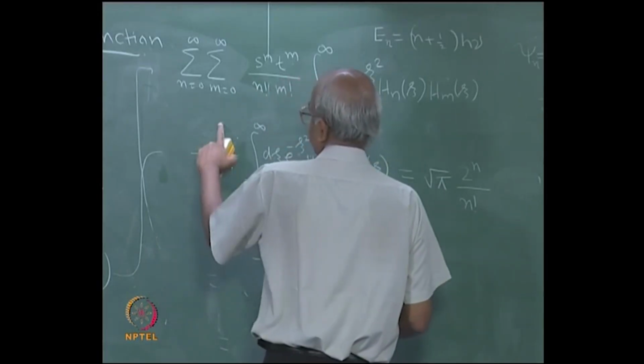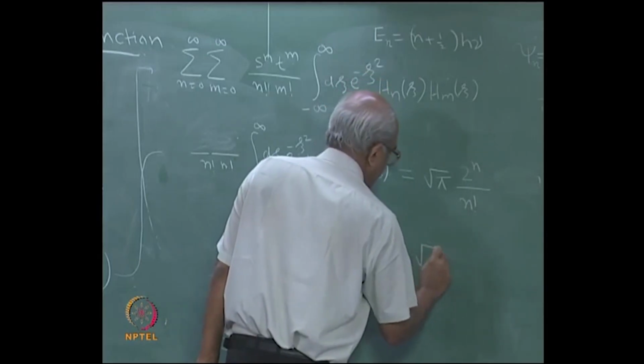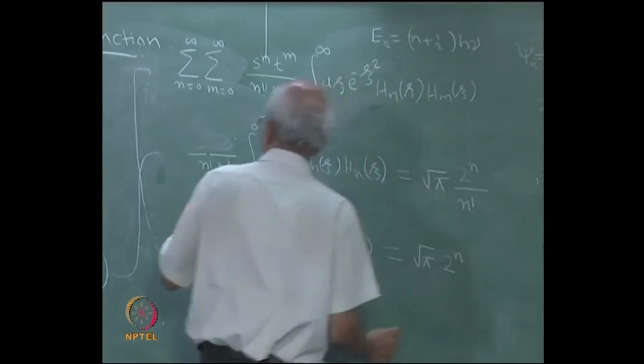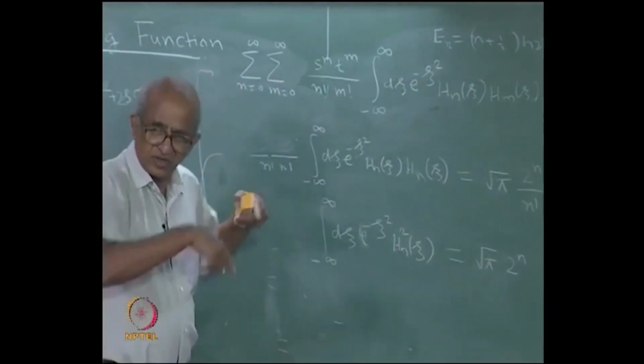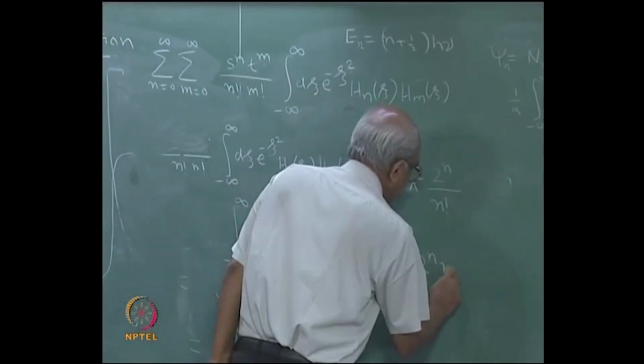There is 1 by n factorial 2 times here. So, therefore, you will actually get the answer root pi 2 to the power of n. This 1 by n factorial square can be taken to the other side, and you will get an n factorial.